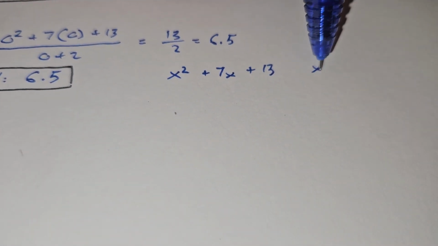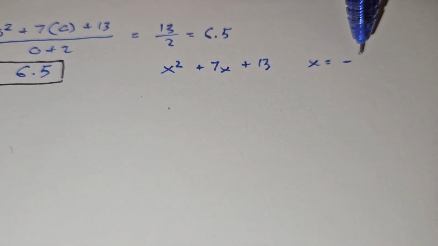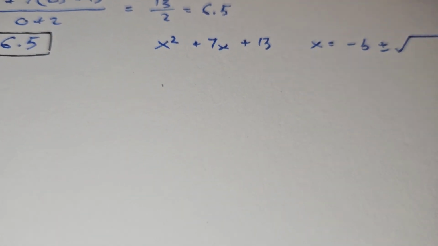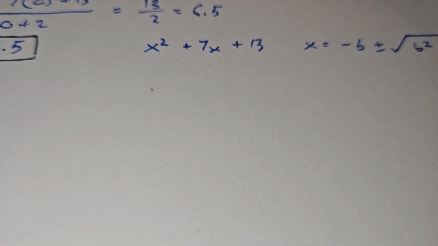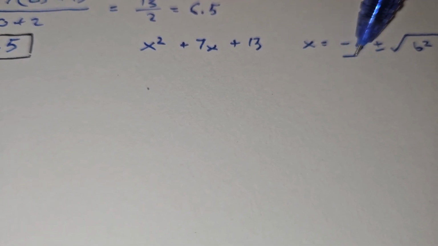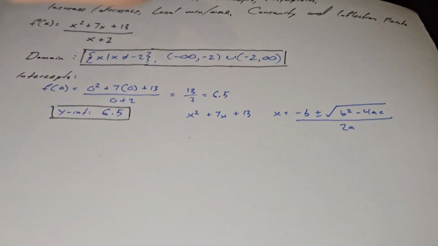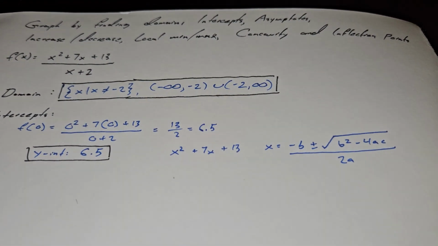So the quadratic formula is x equals -b plus or minus the square root of b squared minus 4ac, all divided by 2a.